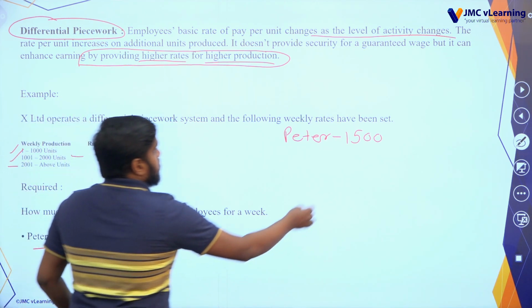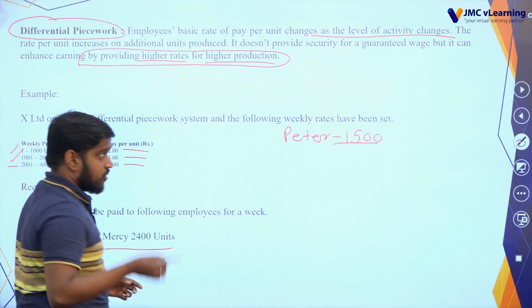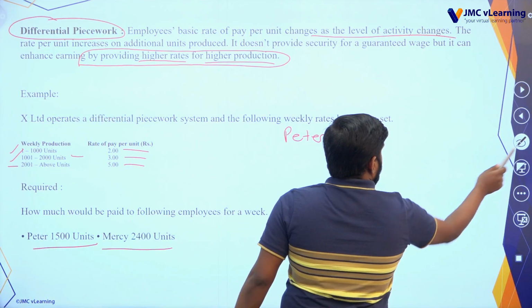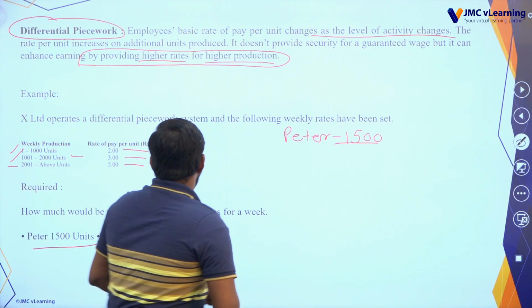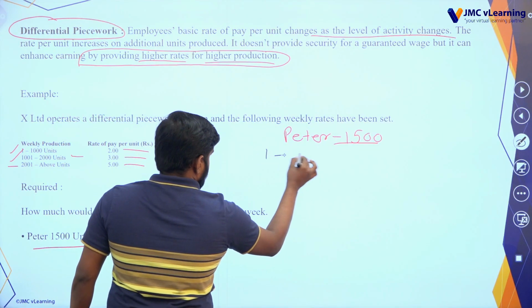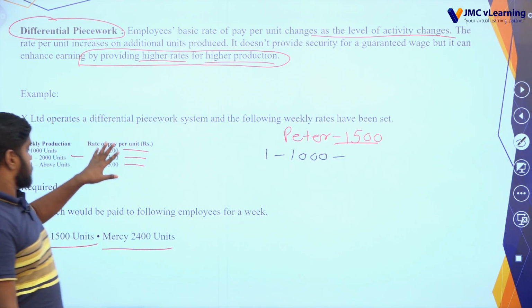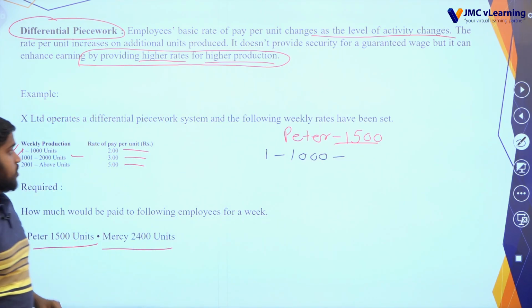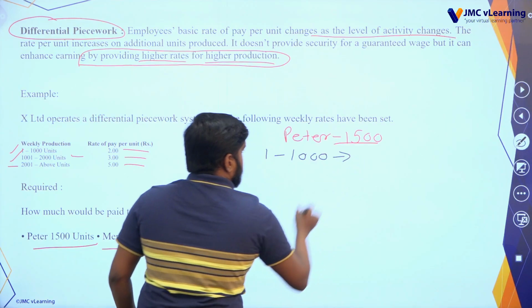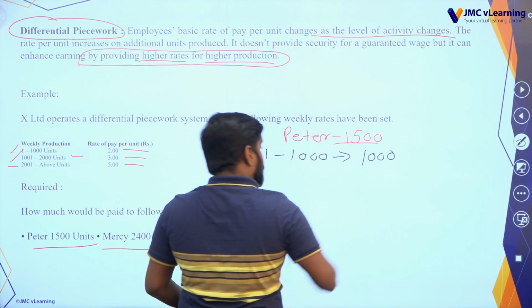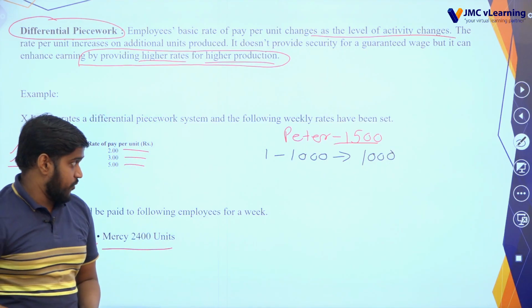Peter produced 1500 units. For 1 to 1000, the organization pays 2 rupees per unit. Therefore, Peter is eligible to get 2 rupees per unit for the first 1000 units that he produced.